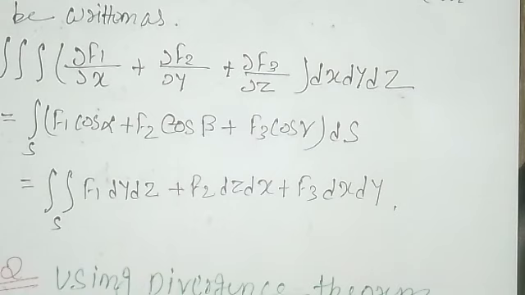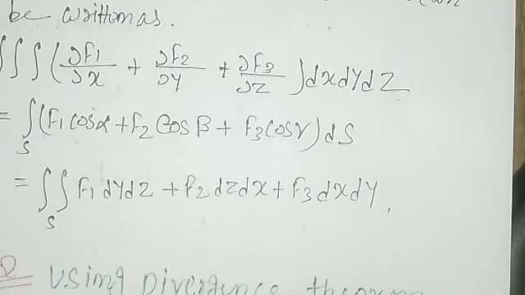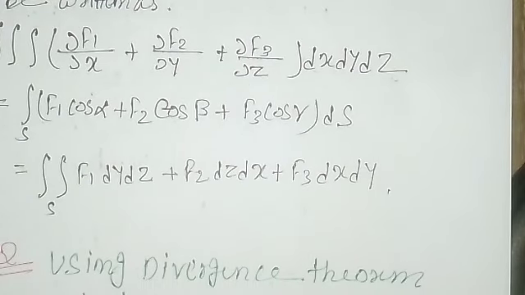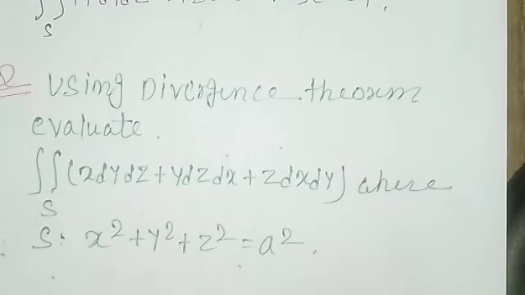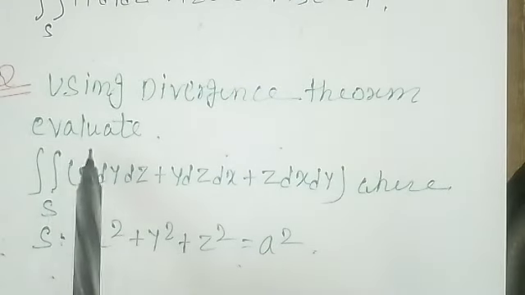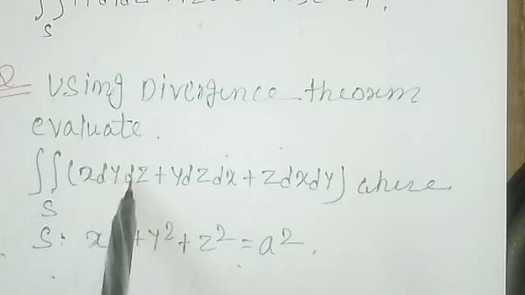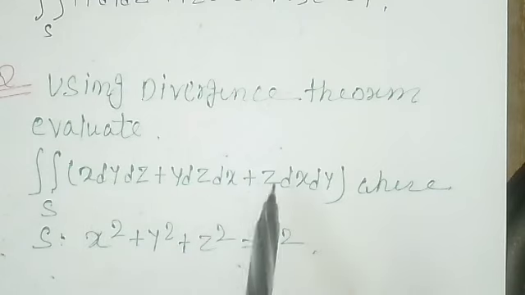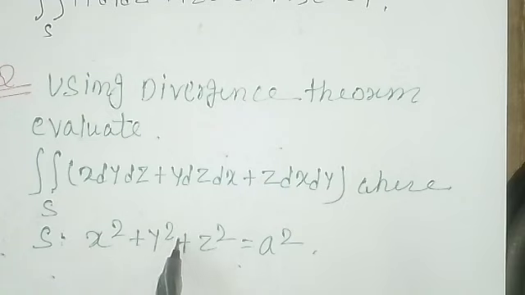We will see this with the help of a working example. We will do a simple example first, and then move to some higher order problems. The problem on the screen: using the divergence theorem, evaluate the integral of x dy dz plus y dz dx plus z dx dy, where S is x square plus y square plus z square equal to a square.